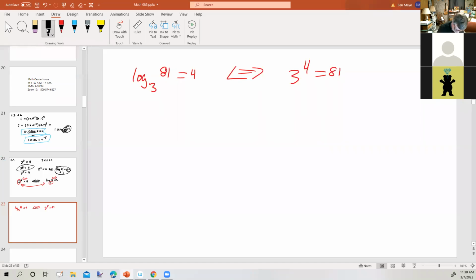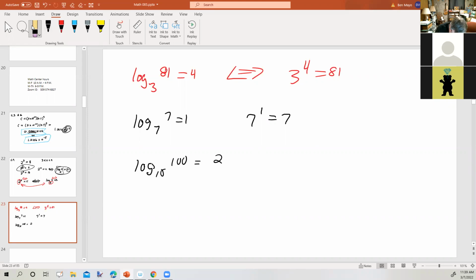All right, let's take a look at another one. Log base 7 of 7 equals 1. In exponential form, this would be 7 to the 1 power equals 7. Or log base 10 of 100 equals 2.